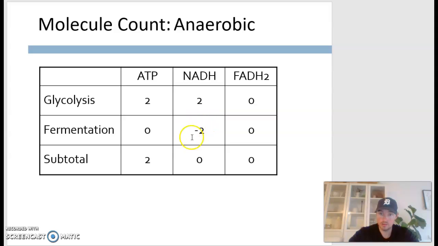It actually uses up that NADH to make NAD so that glycolysis continue again. So anaerobic respiration only nets us 2 ATP. It's something, but it's better than nothing. So there's anaerobic respiration. If you guys have any questions, hit up that Google Doc and I'll answer away.